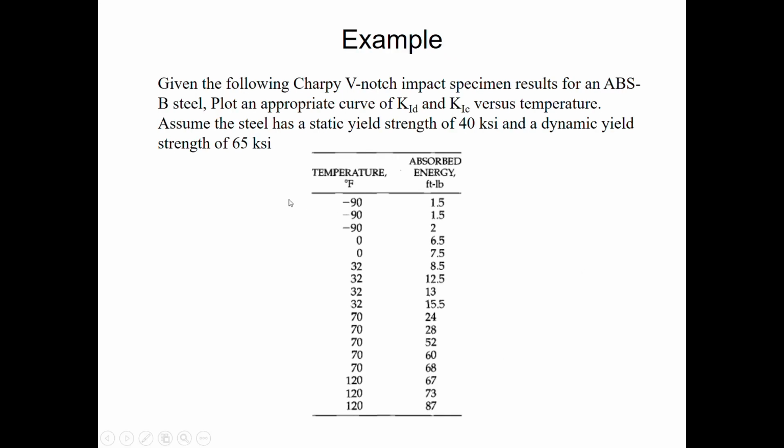Okay, let's take a look at this example. Given the following Charpy V-notch impact specimen results for the ABS B steel, plot an appropriate curve of K1D and K1C versus temperature. Assume the steel has a static yield strength of 40 ksi and a dynamic yield strength of 65 ksi. They give you some other information on the temperature and the energy for each temperature.